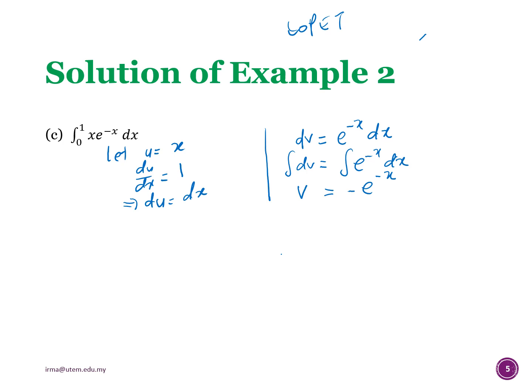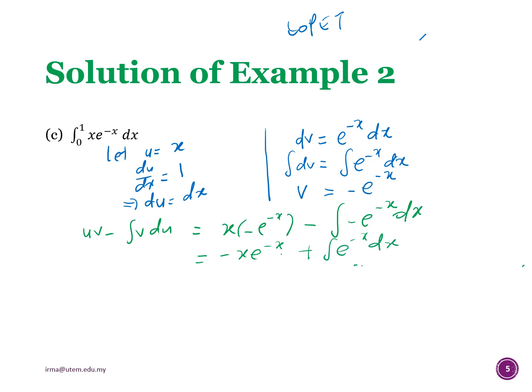Next is to insert into the formula, uv minus integral of v du, which is equal to x times negative exponent negative x, minus integrate negative exponent negative x, du is dx. So we will have negative x exponent negative x plus integration of exponent negative x. Solve for the integration, so you will get what?